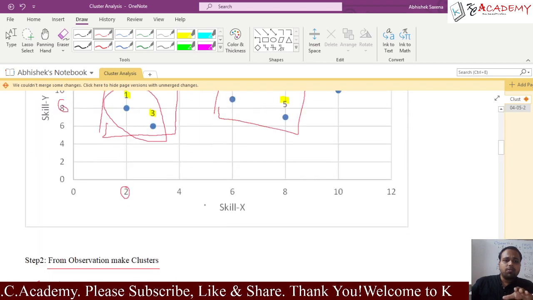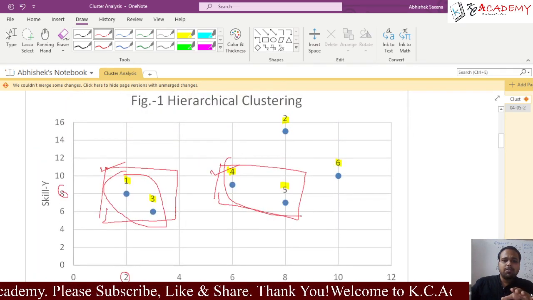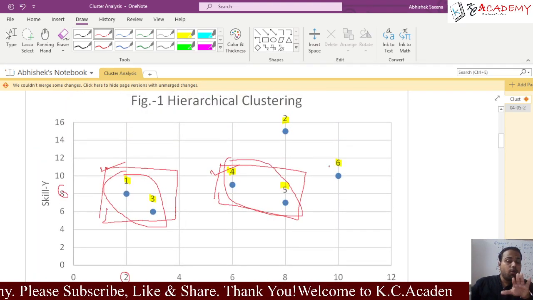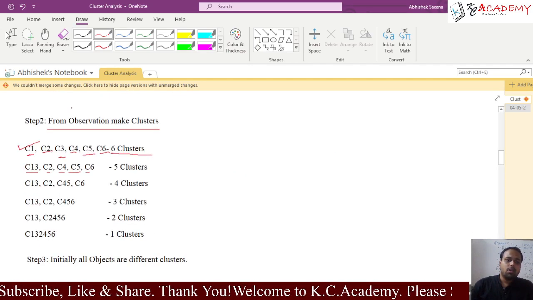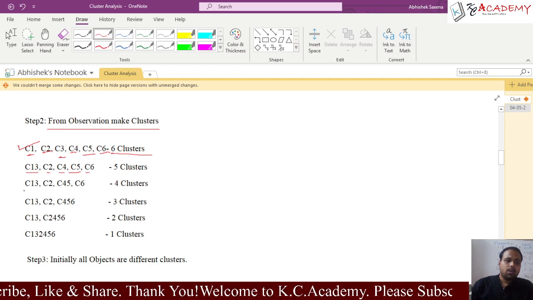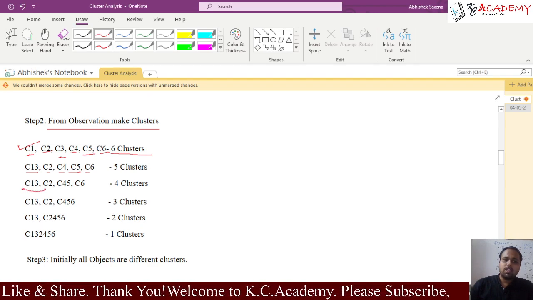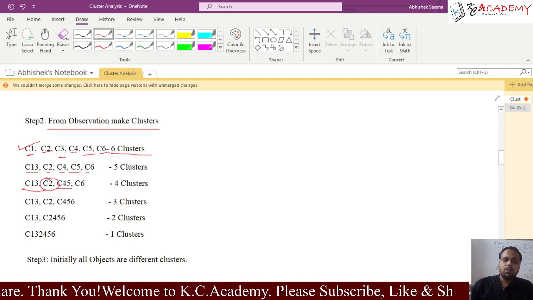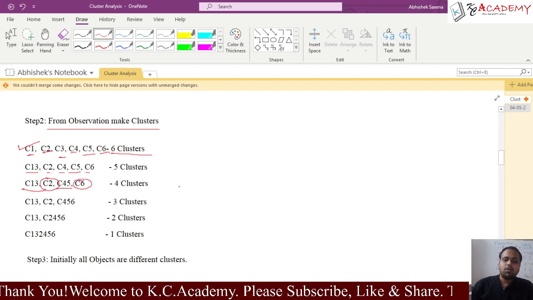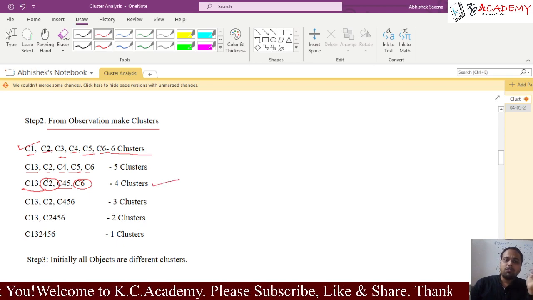Then again, which can I combine? 4 and 5 are closer, so from observation I can combine them. In the next step, C13 is already combined, then I combine C45, but C2 and C6 are not combined because they are far. So there are 4 clusters.